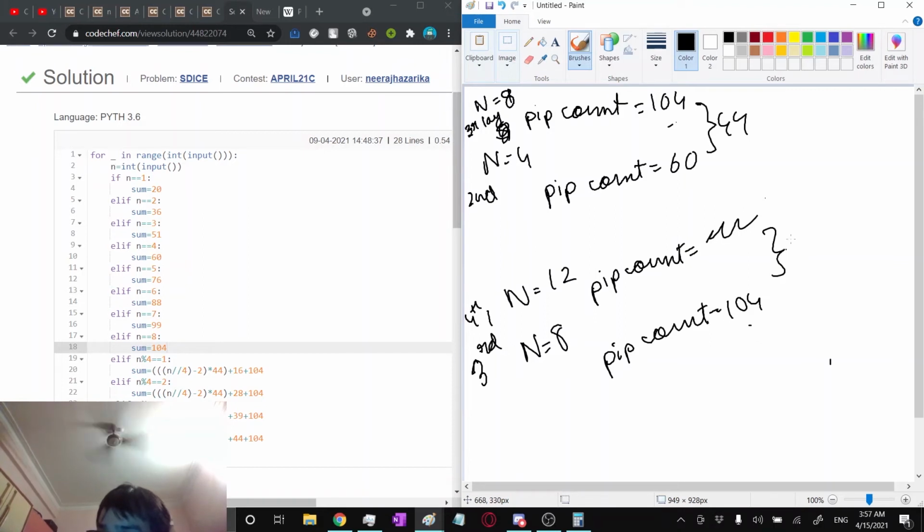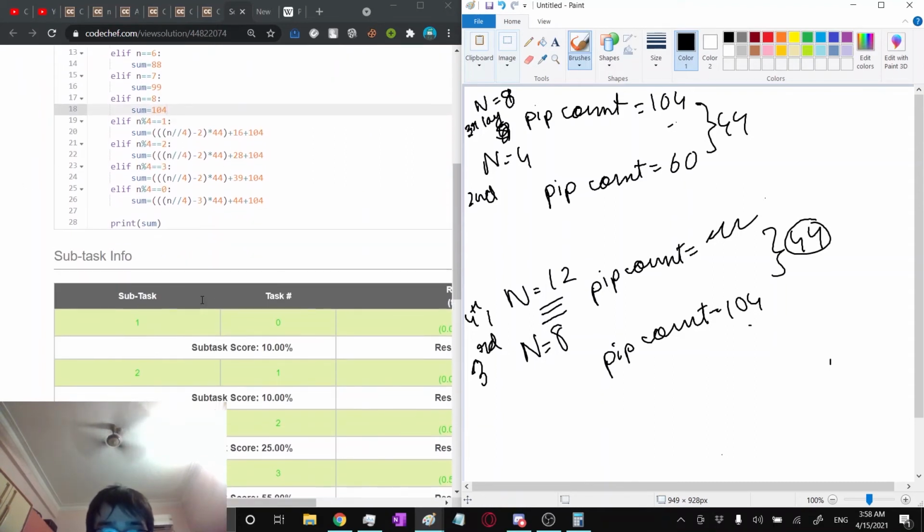And the difference between these two is also 44. So we see a pattern over here between the test cases, the values repeat themselves after addition with a difference of 44.